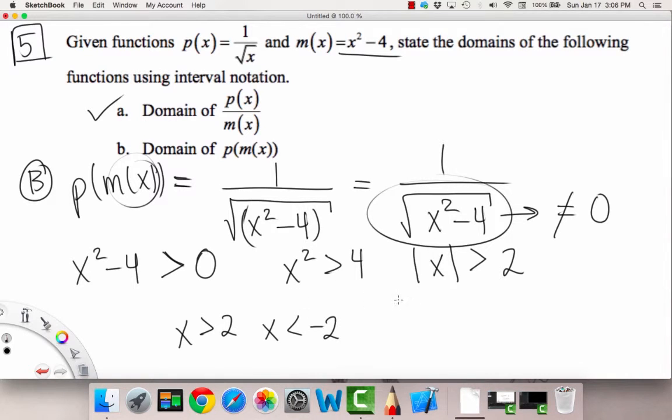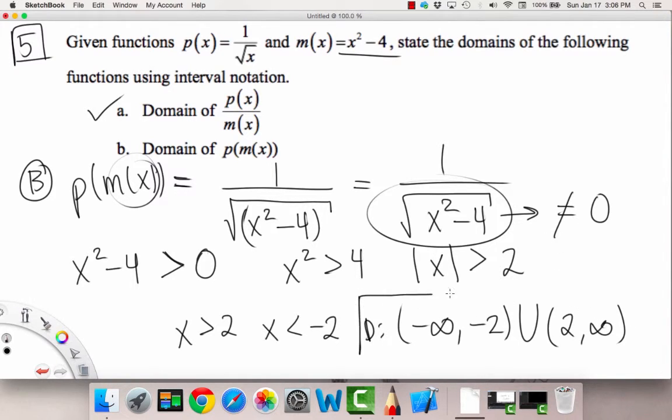How do we write this in interval notation? You go from negative infinity up to negative 2, because that means less than negative 2, and we union that with another interval, which is 2 up to positive infinity. That is the domain for part B, for our P of m of x.